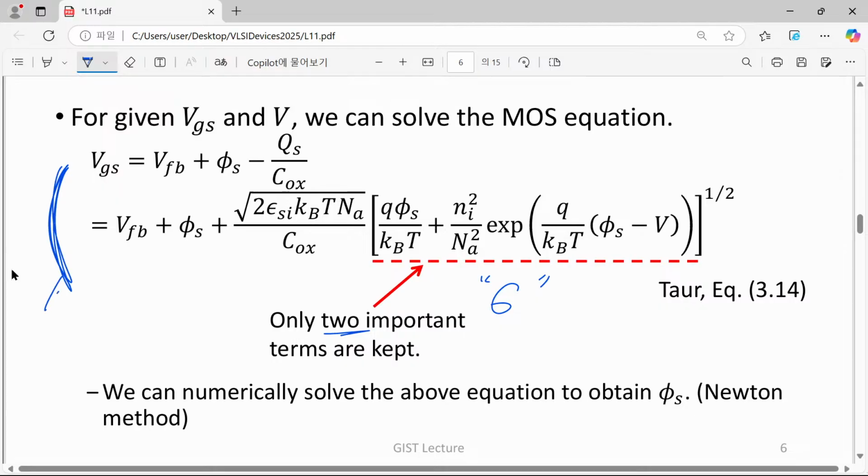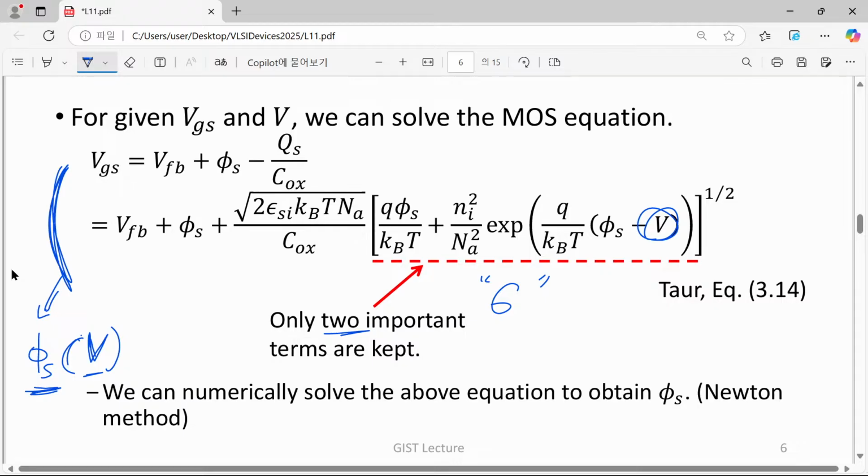Then find out phi s at a given position under a given V value, then by using this given electron quasi-Fermi potential, we can calculate the surface potential.